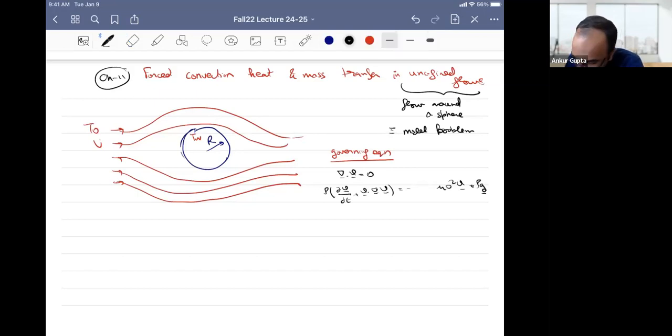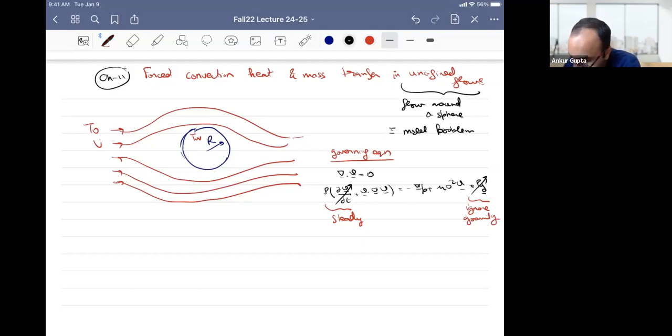For simplicity, let's not worry about gravity and, right now, the unsteady part. We'll just say steady. So we'll assume steady and ignore gravity. These are our governing equations.